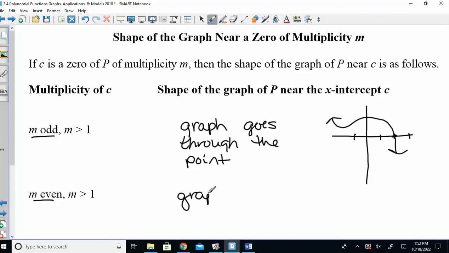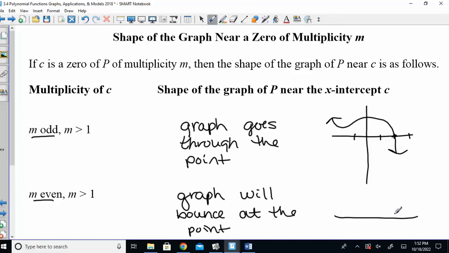But if the multiplicity is even, the graph will bounce at the point. So if the multiplicity is 2, 4, 6, 8, it's going to hit it, bounce off, and keep going.